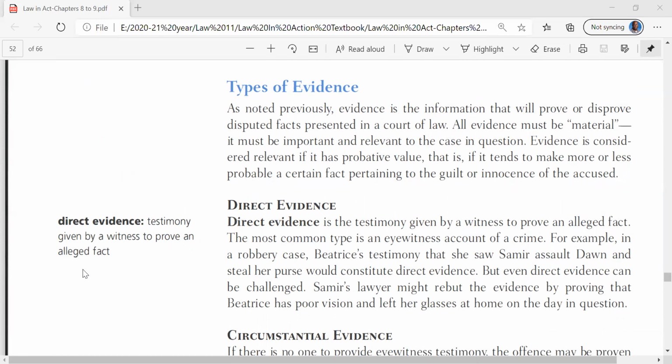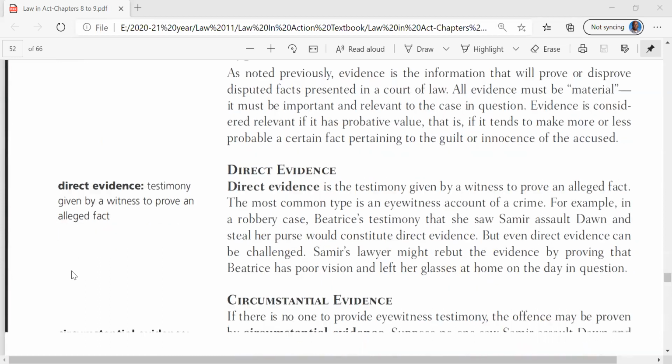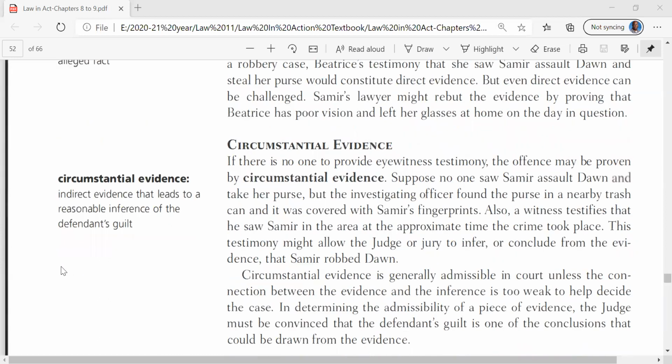The evidence you can use is direct evidence, which is testimony by a witness to provide the alleged fact. So Nate saw Ilian stab Mo with a rusty knife. That's direct evidence. He saw it do it. Circumstantial evidence is indirect evidence that leads to a reasonable inference of a defendant's guilt. So indirect evidence would be, I think Nate killed someone because we found blood stains in Nate's car.